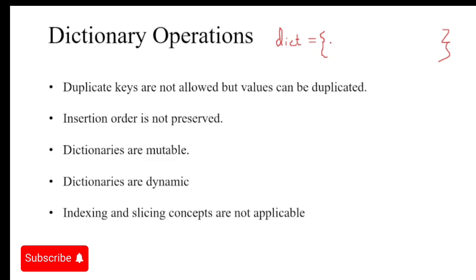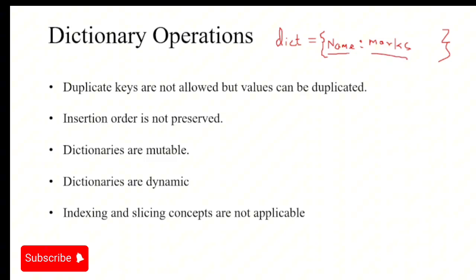Let me give you an example. Let me say I have name and then I have marks, separated by a colon. This will represent my key, and this will represent my values.